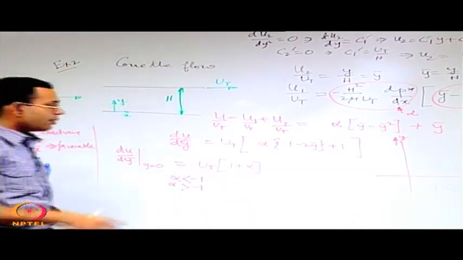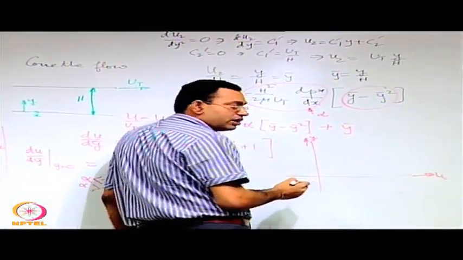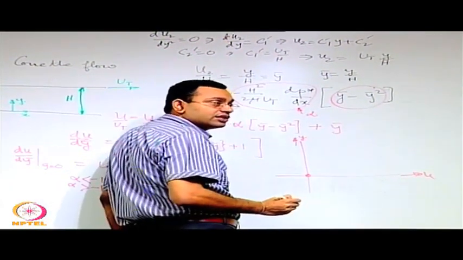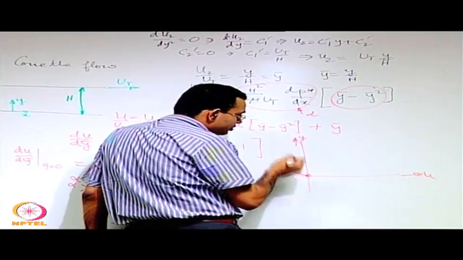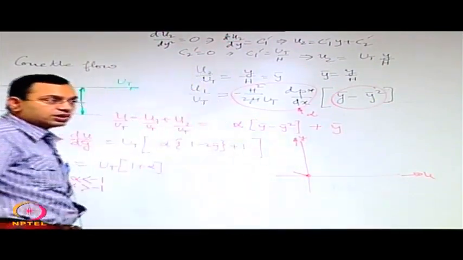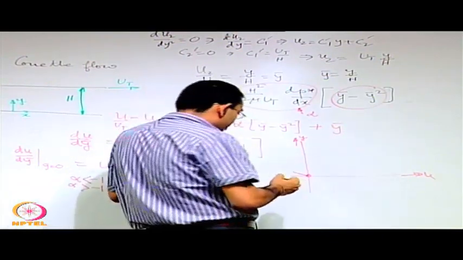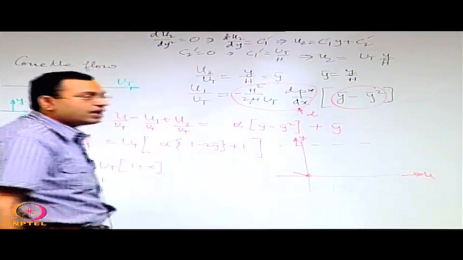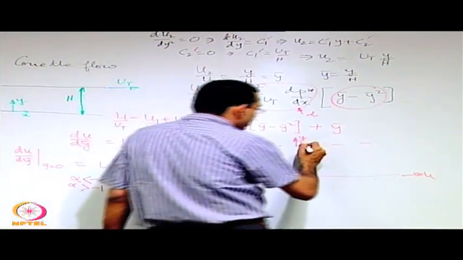So what it means is that if you have a negative slope of the velocity profile, that means the velocity, see at the wall it is 0 because of no slip, then the velocity actually becomes negative because the slope is negative. And if you want to consider the upper plate, let us say here is the upper plate, here you have to have the velocity as ut, by the boundary condition.